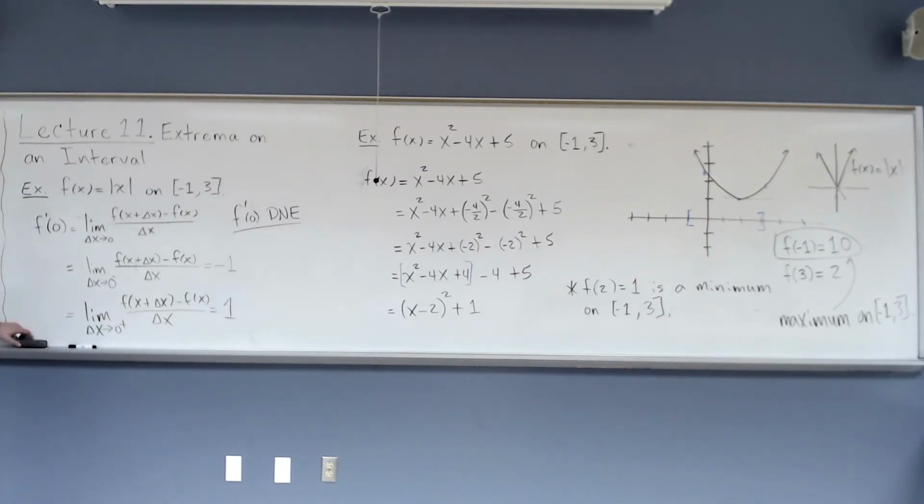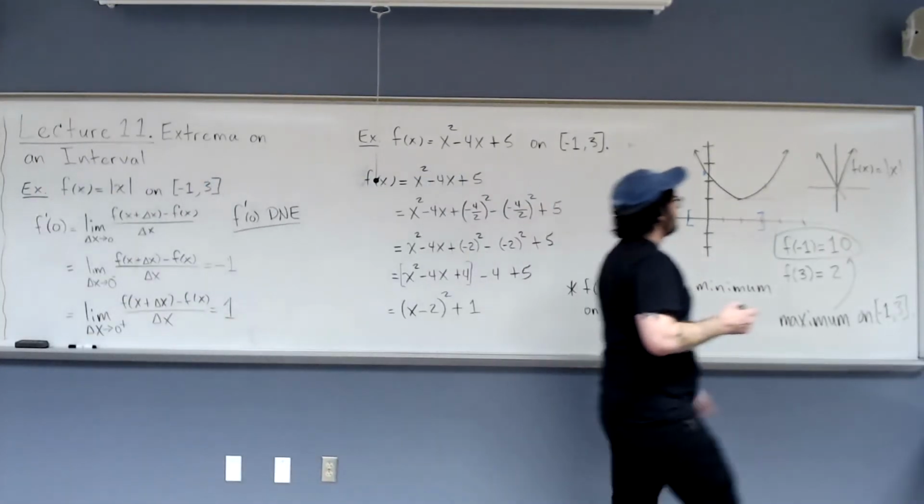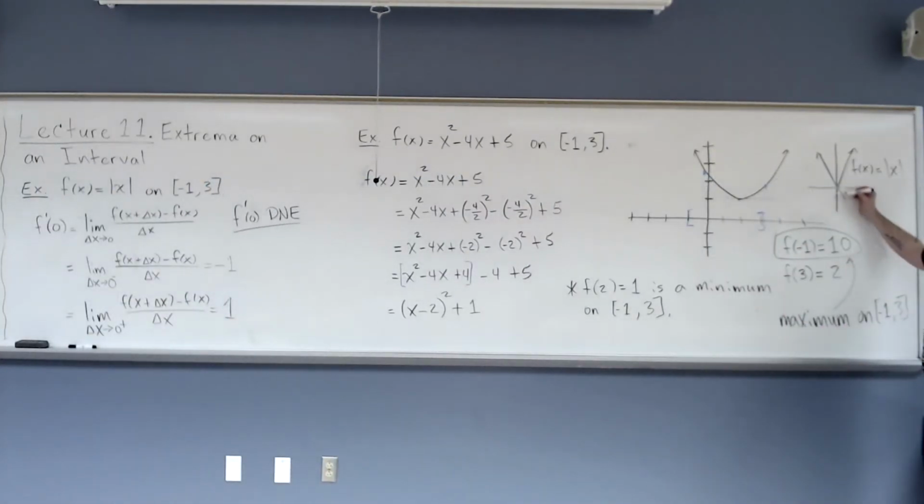It still tells us that we might need to investigate the place where the derivative doesn't exist, because one possible case for the derivative not to exist is when you have a change in slope like this, positive, negative to positive, which means that maybe we were at a minimum right there.